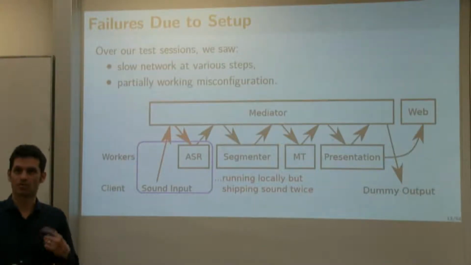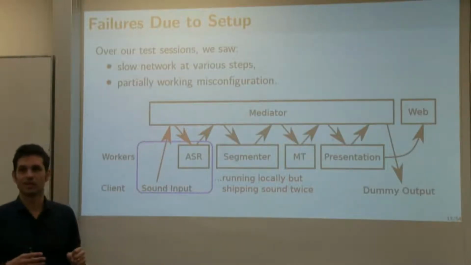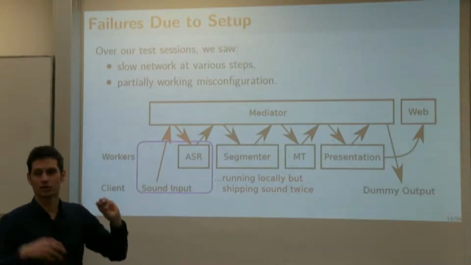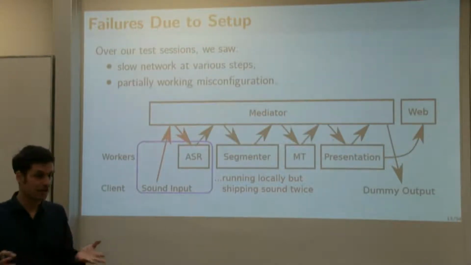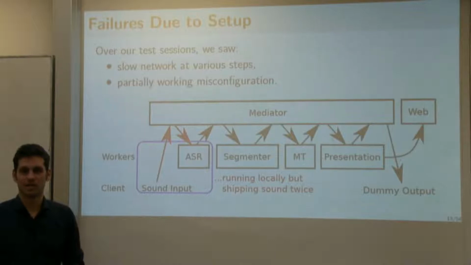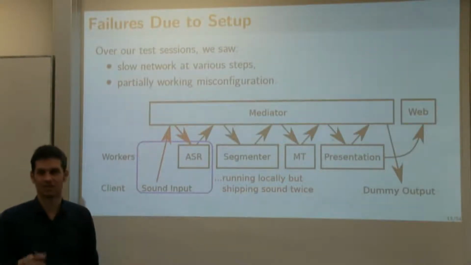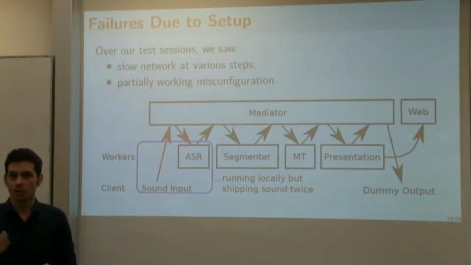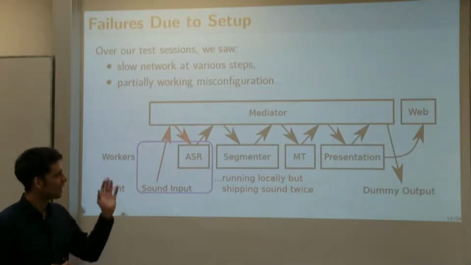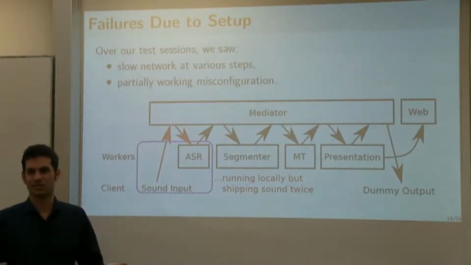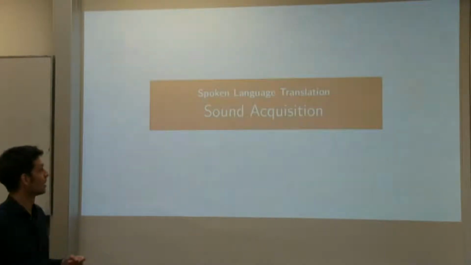But what was not on purpose was to ship the sound twice, first to the mediator and then to serve as a worker in this pipeline. This is a tiny typo in the configuration. The whole pipeline works, but it is delayed because your first mile connection is overloaded with the sound that you are shipping there and back. So again, this is very easy to make as a mistake and quite difficult to realize.